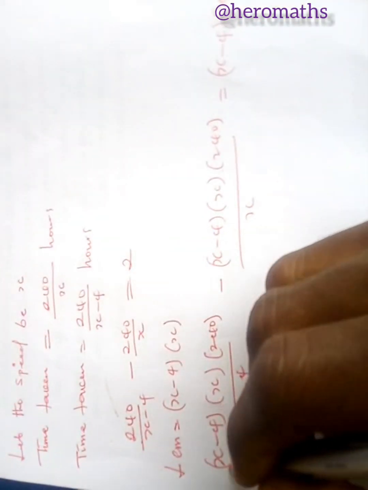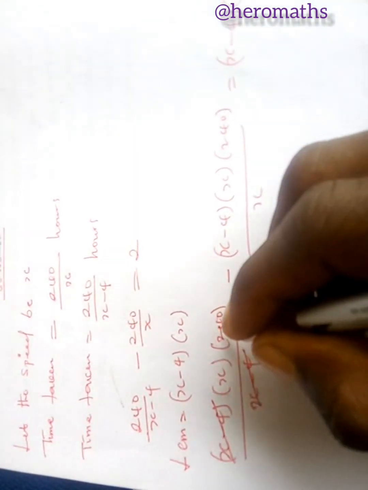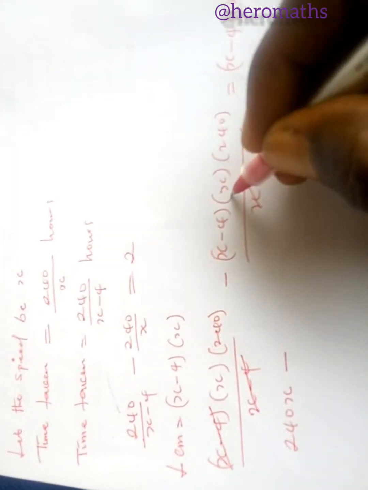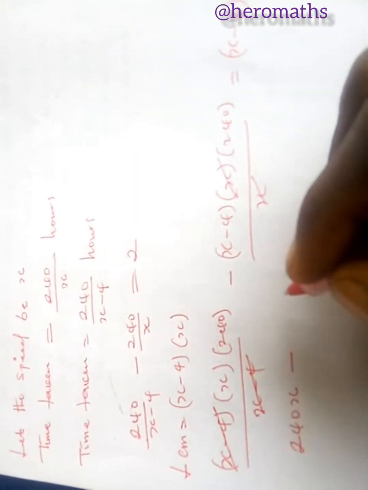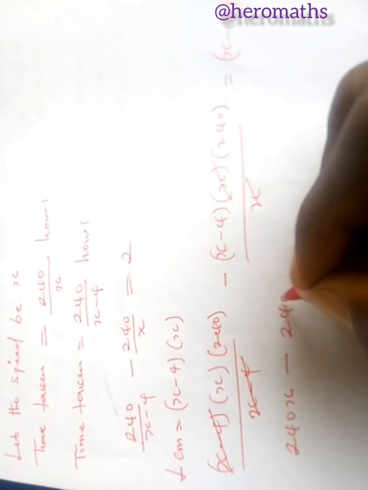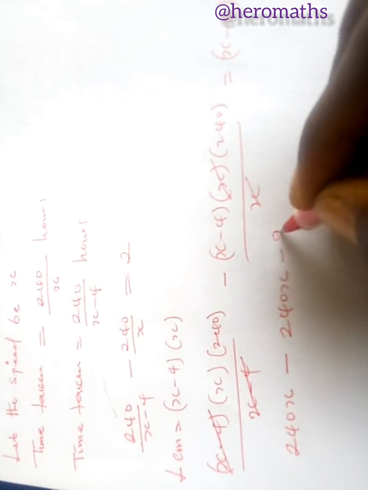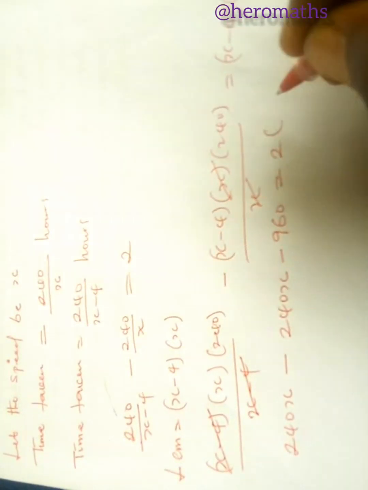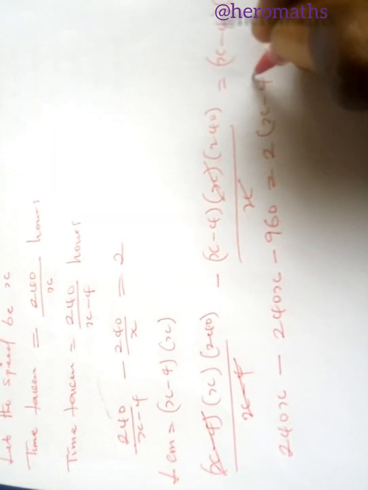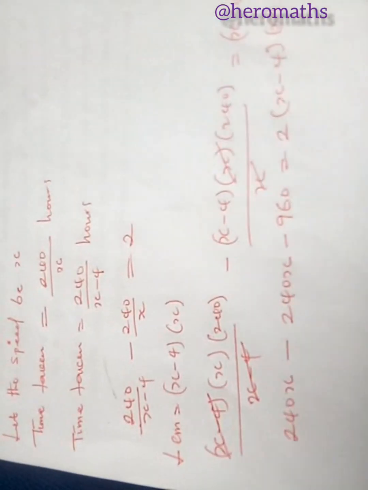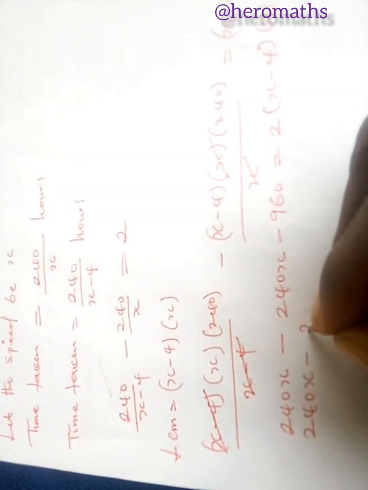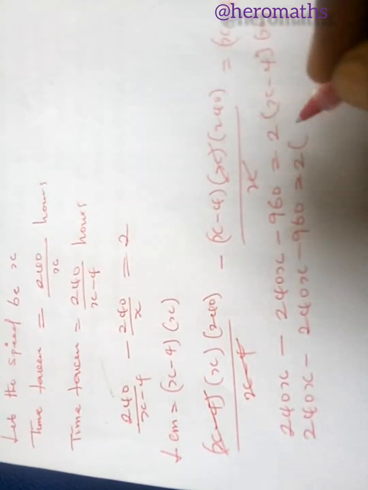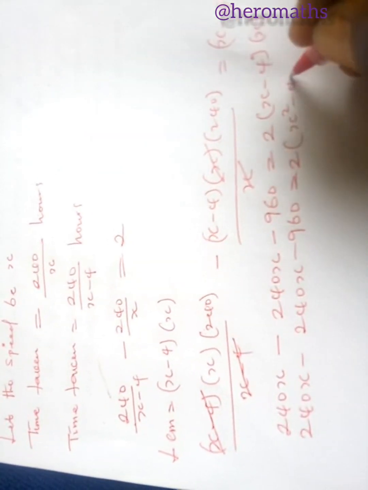Now you have this here, you have this here, we are left with x, so we have 240x minus this times this times this, we have 240x, and then this times this, we have minus 960, which is equal to, now let us open this bracket first. This is equal to x minus 4 in brackets times x. Now 240x minus 240x minus 960 is equal to x times x, which gives us x squared, and this time this we have minus 4x.